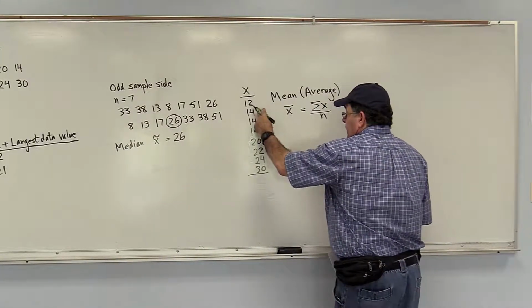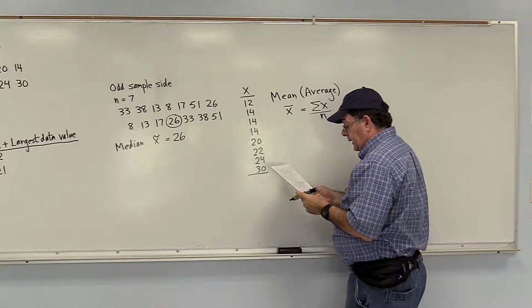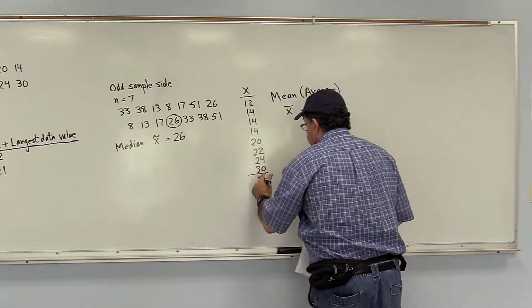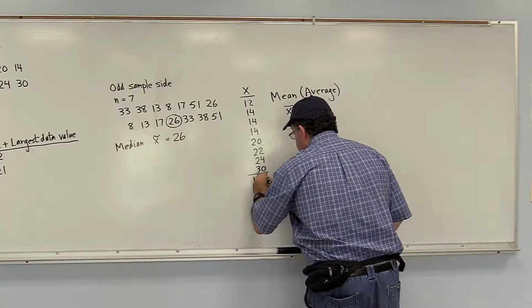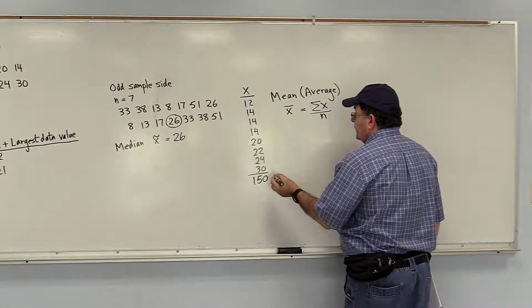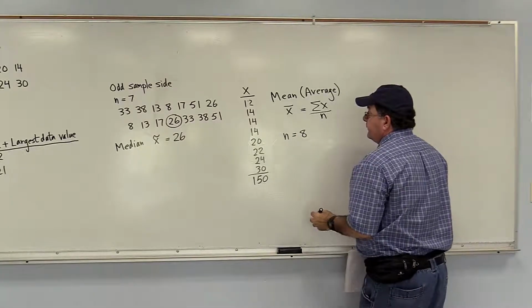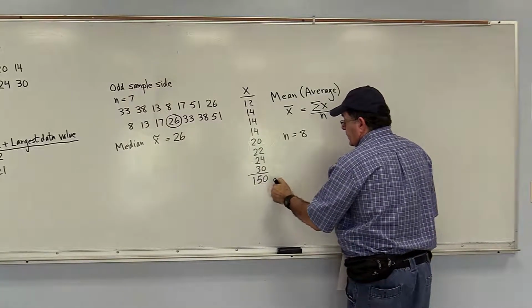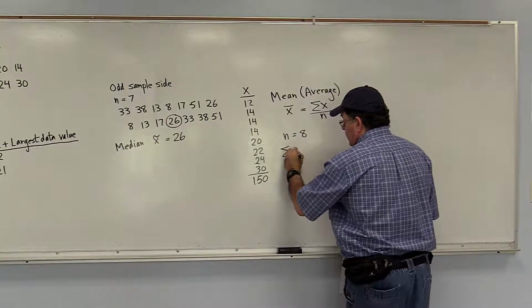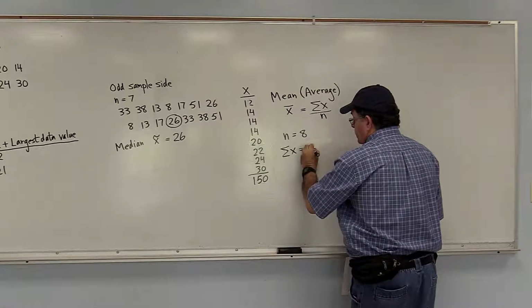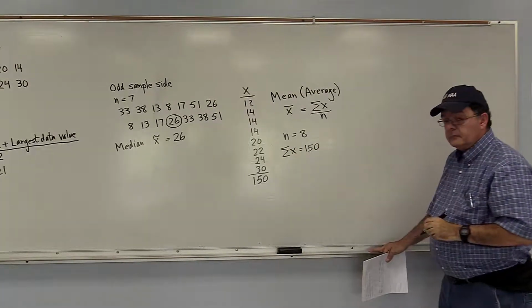So putting these in a column like so, you simply add up the numbers in the column and you get 150. Now recall that our sample size n is equal to 8. And this calculation here tells us that summation of x is equal to 150.